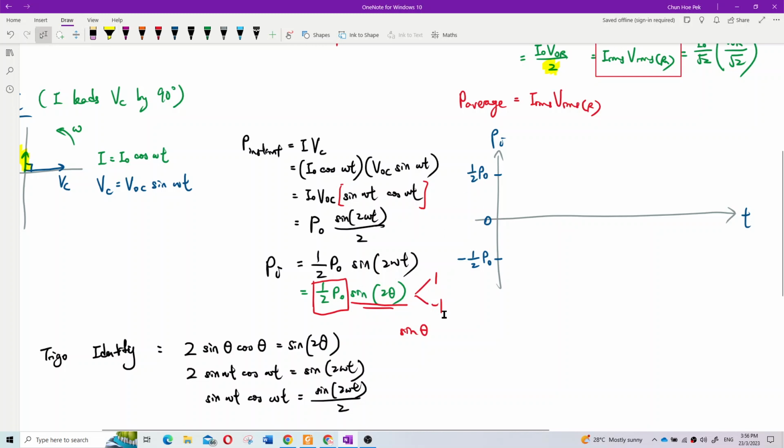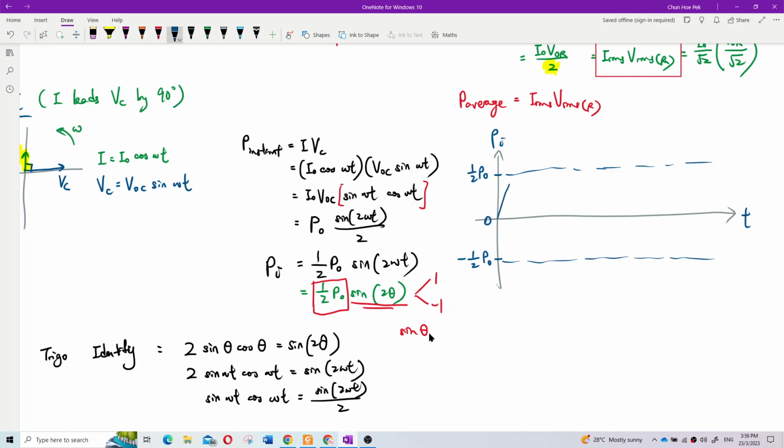When sine 2 theta equals negative 1, it becomes negative half P naught. It's still a normal sine equation. Sine 2 theta is just like sine theta. Understand? Simple, right?